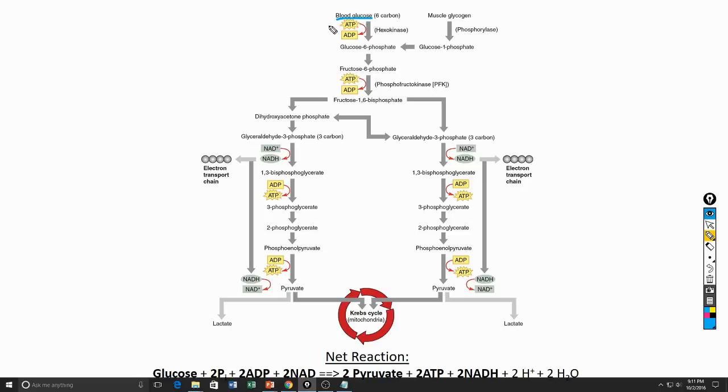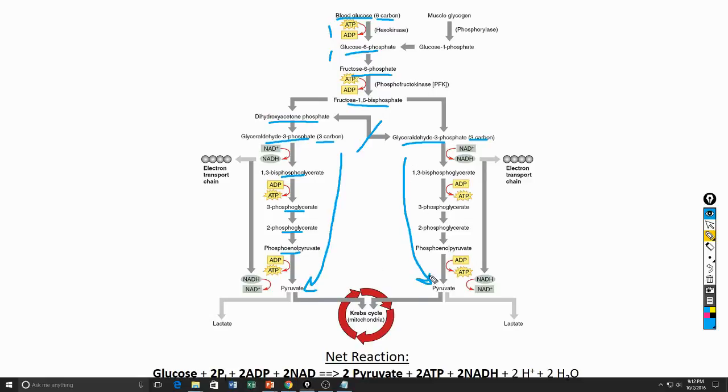And then it's getting broken down into all these intermediaries, and these different intermediaries are really just shuffling around the parts of that molecule, adding things, subtracting things, getting split in half, as you see here. It starts with 6 carbon, and then down here it splits into 2 3-carbon molecules, and then it goes all the way down, and we get pyruvates from it.